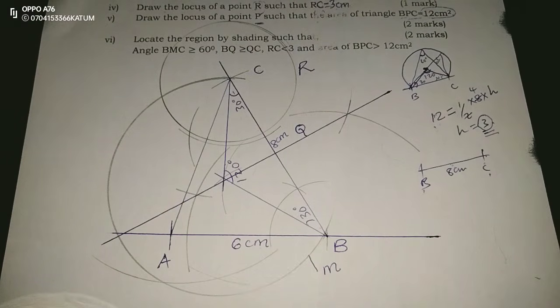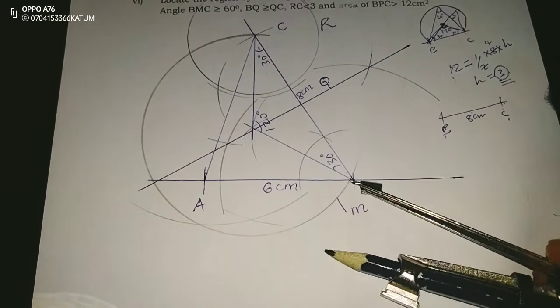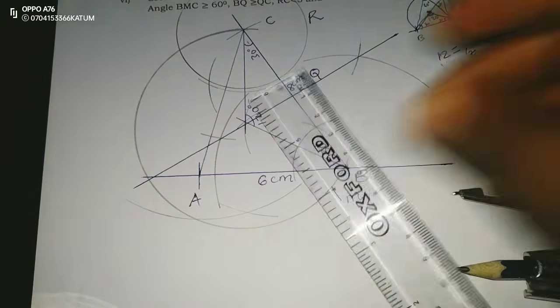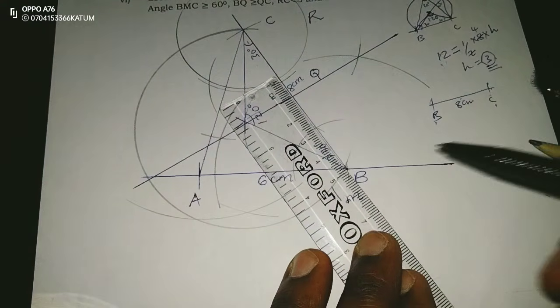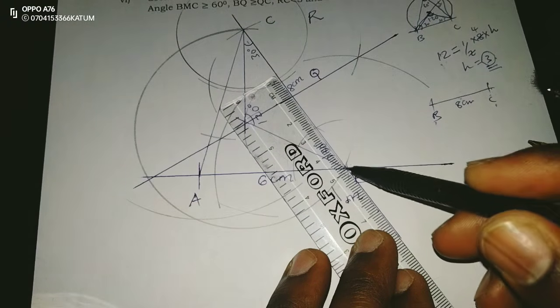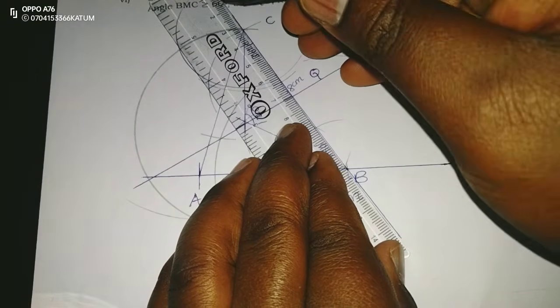And this is how we're going to do it. From BC we shall construct a parallel line which is 3 centimeters away. I'm just elongating the line BC.